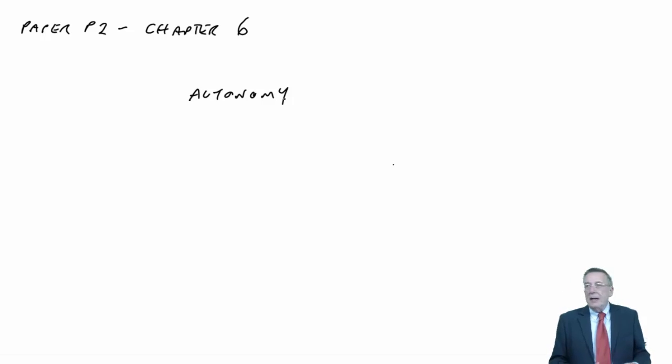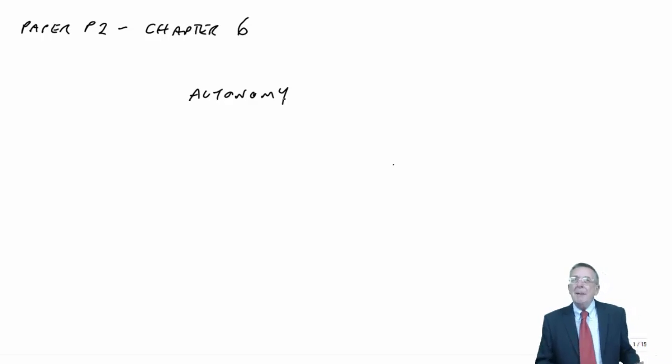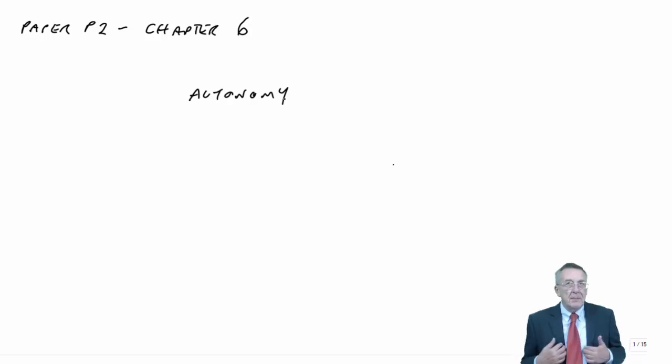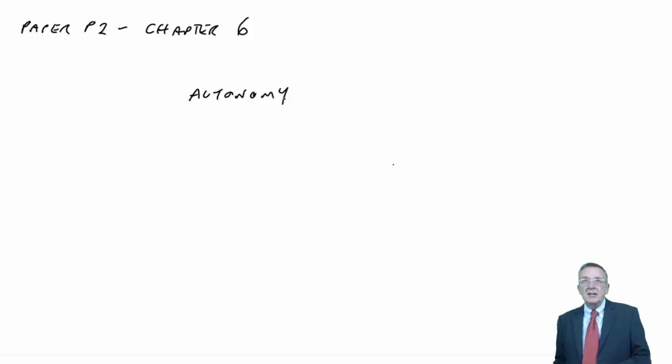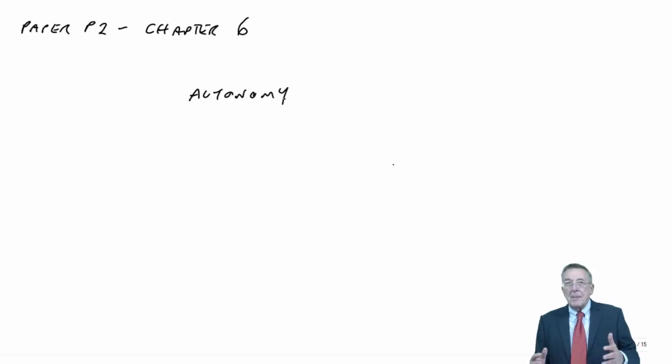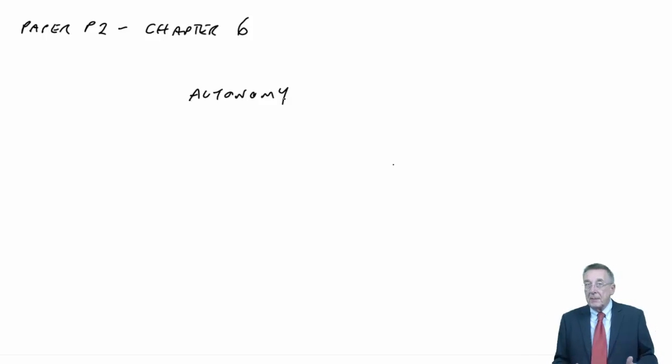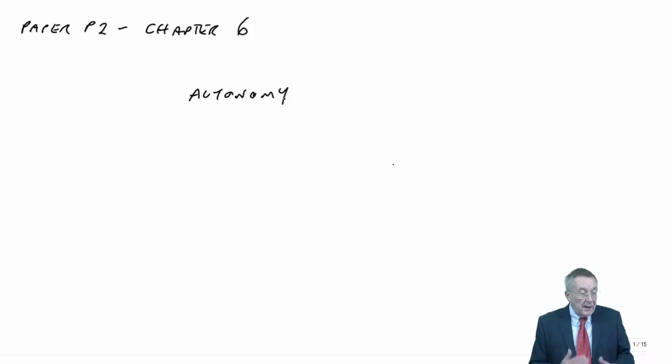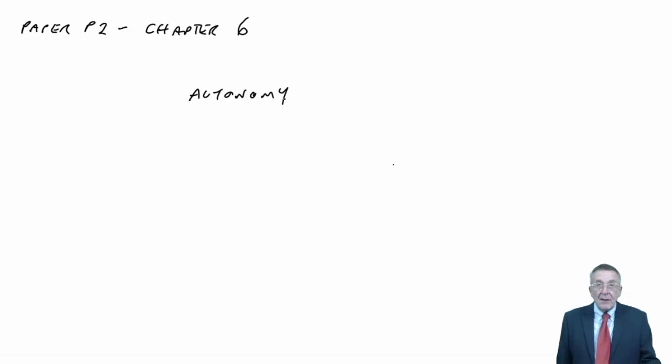So if it's a question of employing new staff, they don't have to come to me and ask my opinion. They can make the decision. Their job is to run it as though it's their own little company. They've got autonomy. Now that's what makes it a division.